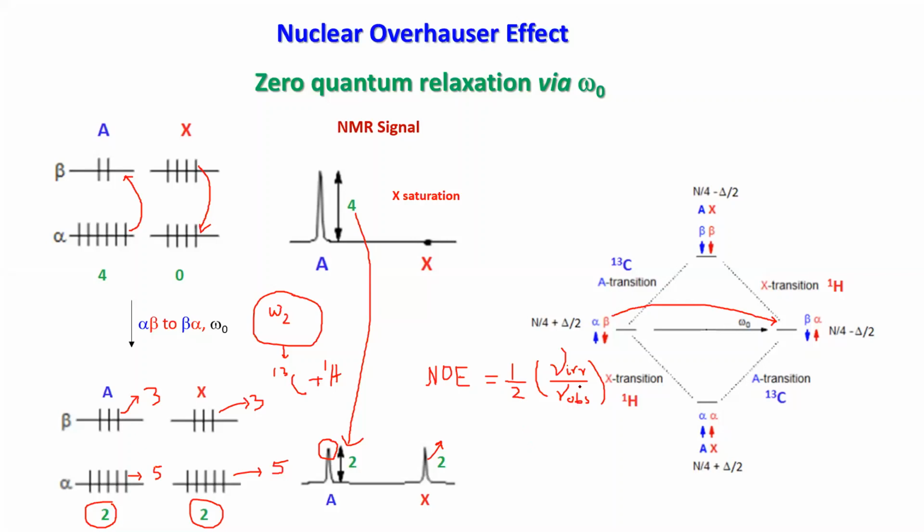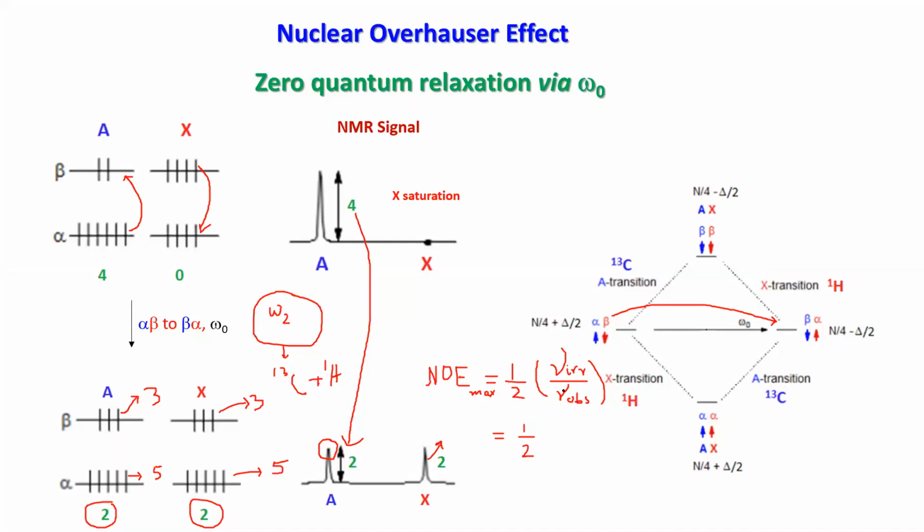Okay, so in this case, what will you expect the nuclear Overhauser enhancement maximum, how much can you get? So this is half, right? Because for both protons, the gyromagnetic ratio or magnetogyric ratio is the same. For proton it is 267.5, right?